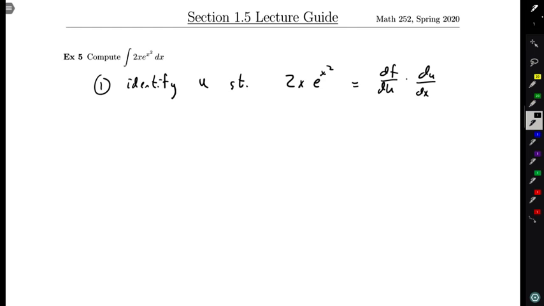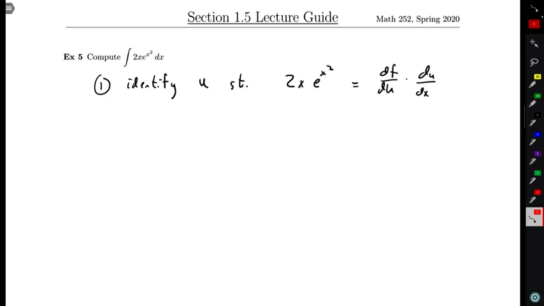So here I'm going to notice that I have a couple of different pieces. One of those pieces is this x squared here. Another of those pieces is this 2x. And the relationship that I want to notice here is that 2x is the derivative of x squared.